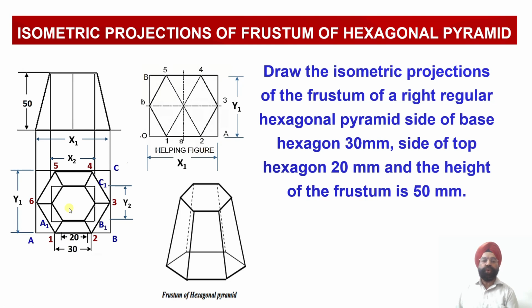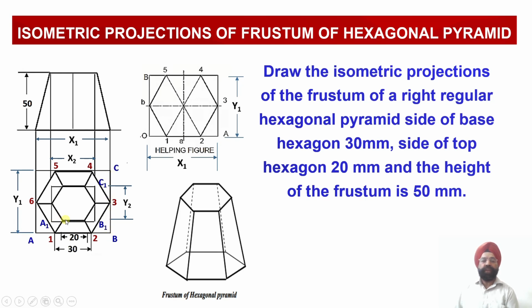So we have to inscribe both of these hexagons within rectangular figures. The outer rectangular figure is A, B, C, D. In the outer rectangle, this is the longer edge, whereas this is the shorter edge of the rectangle.